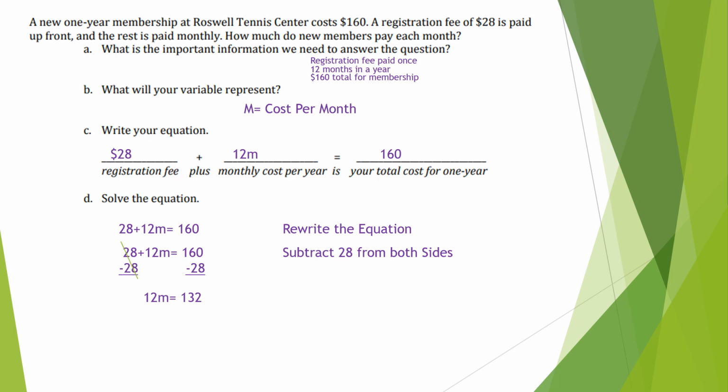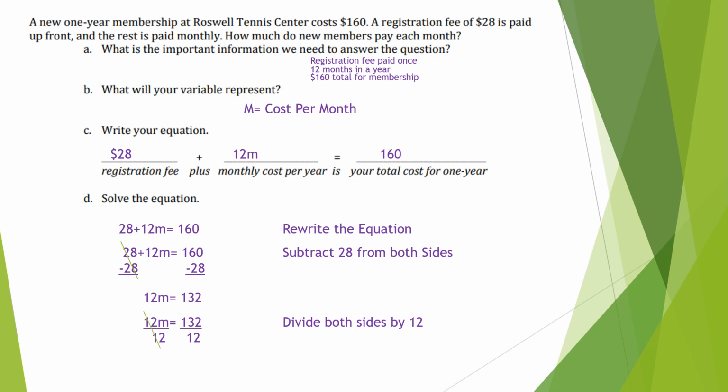So now I have the 12 that's being multiplied by M, and I need to undo that to get M by itself. To undo 12 times M, I have to do the opposite. I'm going to divide both sides by 12. 12 divided by 12 leaves me with 1M.